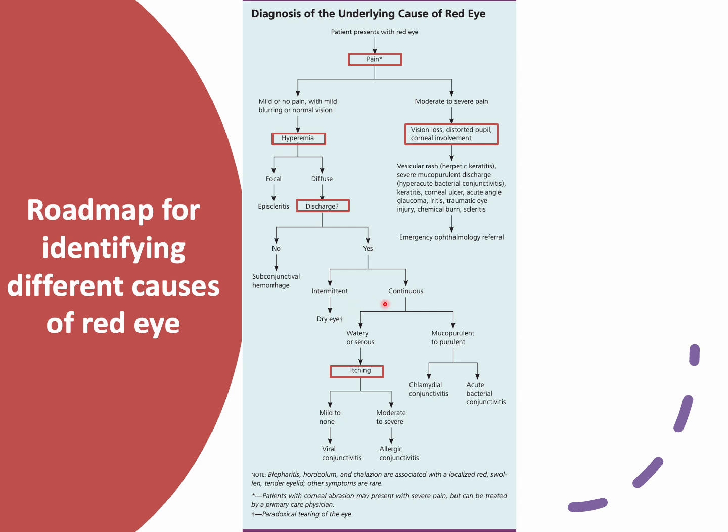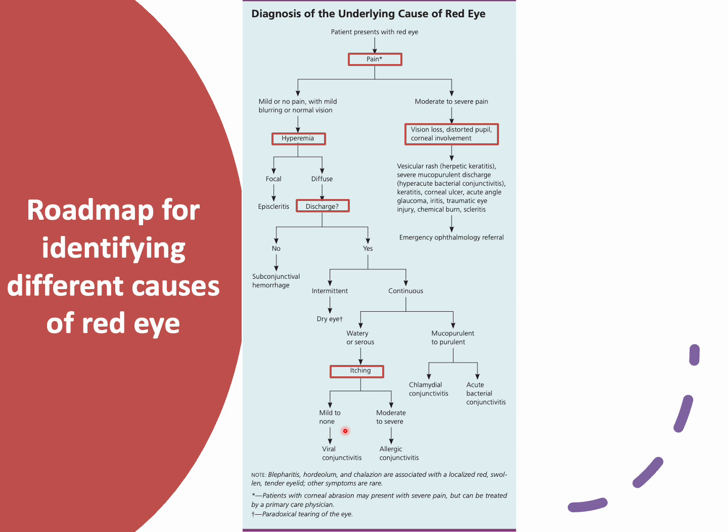If there is continuous discharge, then you would ask about the consistency, or what type of discharge it is. Is it watery? If it's watery and there is no itchiness at all, then you would think more of a viral cause.